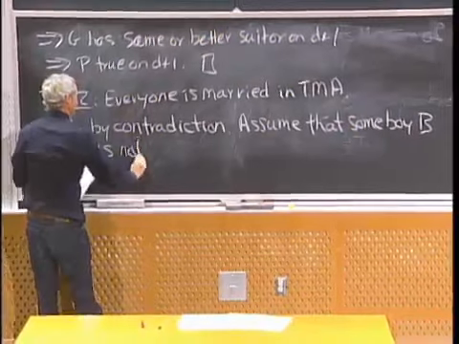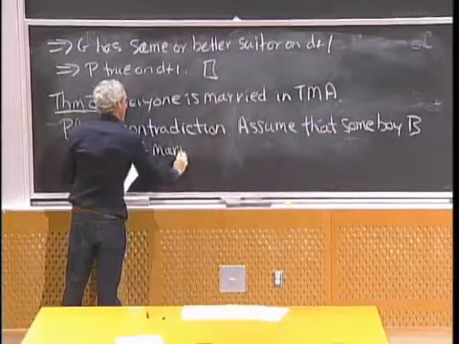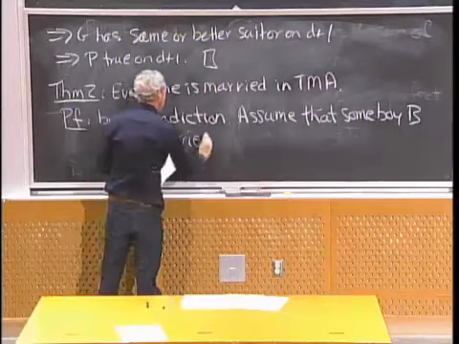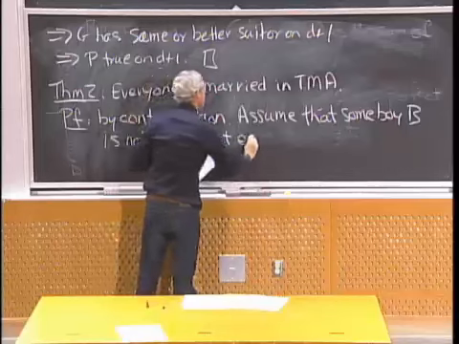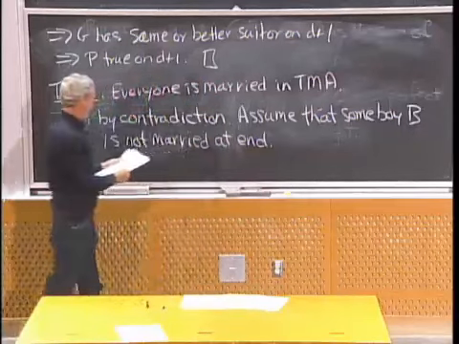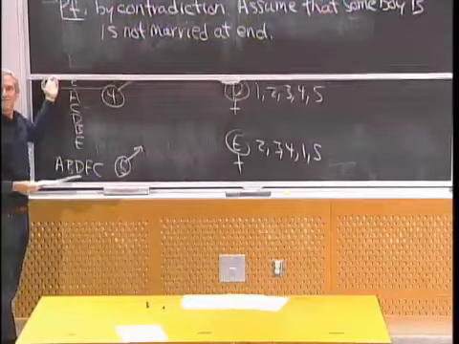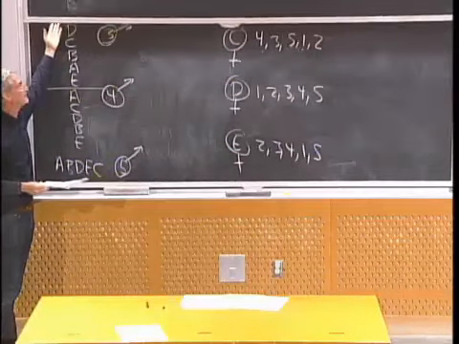Because if not everyone is married, then some boy is not married. So when it terminates, B is not married. Well, what do you know about B if he was not married at the end?